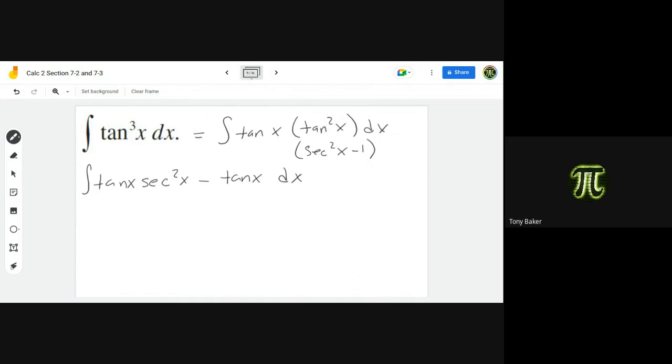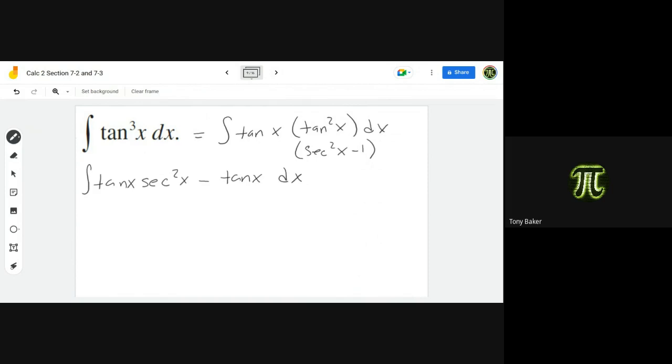You distributed. Yes. I just distributed the tangent of x. All right.